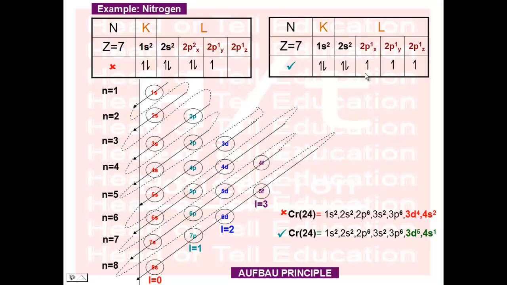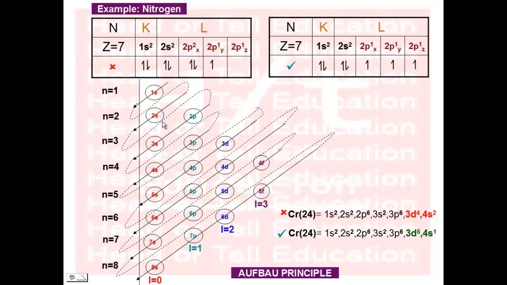Now again we check the principle. What is the principle saying? This is the Aufbau principle. According to the Aufbau principle, the first electron goes to 1s, so we fill 1s, no issue. Now according to the direction of the arrows, the second is filled in the 2s orbital, this is okay.